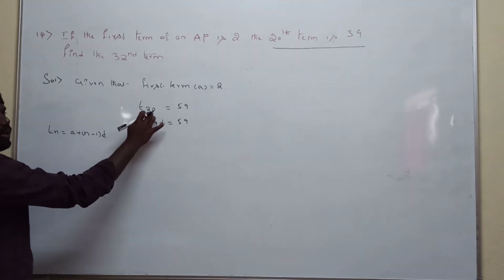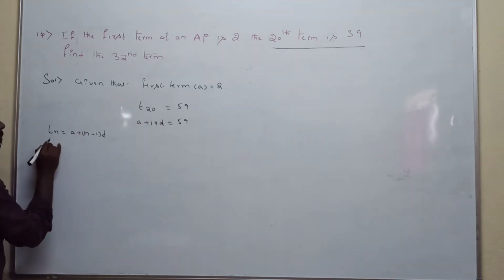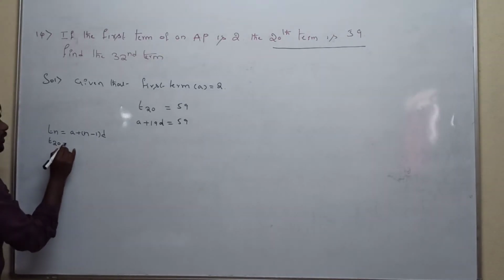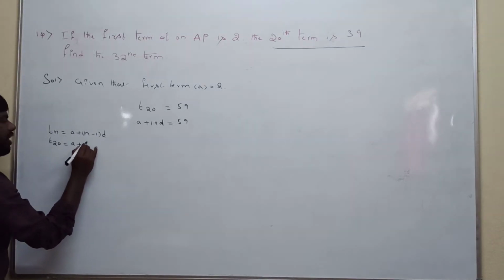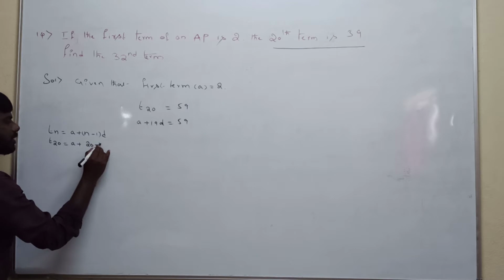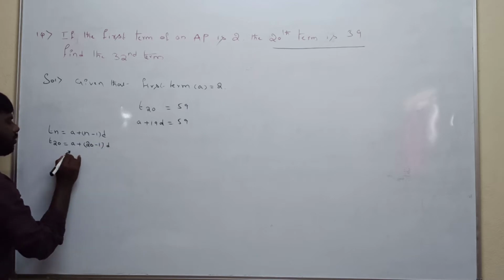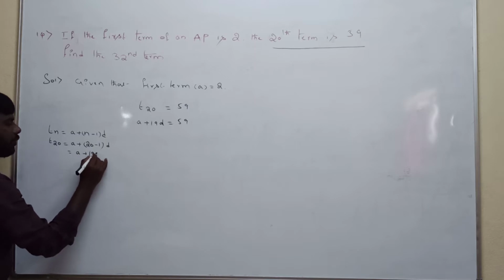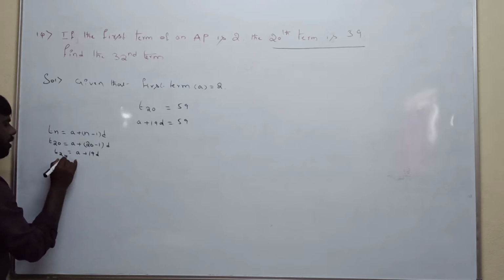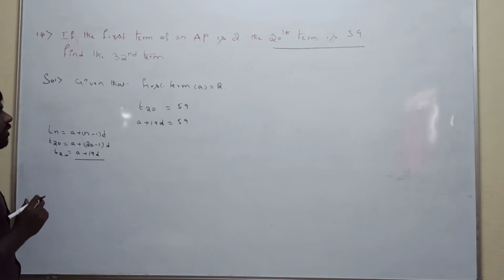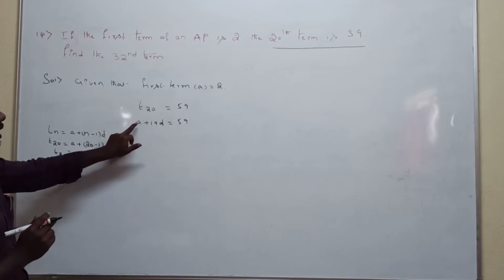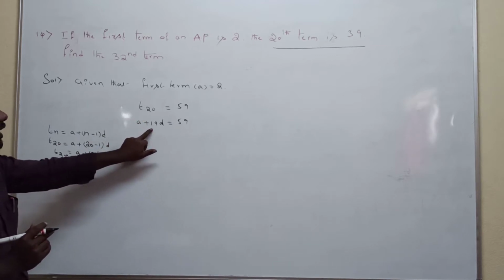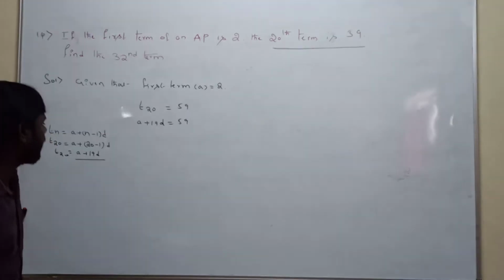Here in place of n, 20 is there. Substitute 20: a plus 20 minus 1 into d is equal to a plus 19d. So the 20th term is a plus 19d, equal to 59.